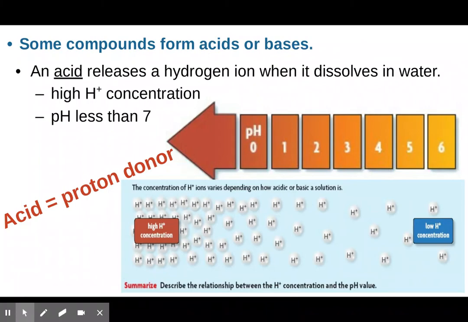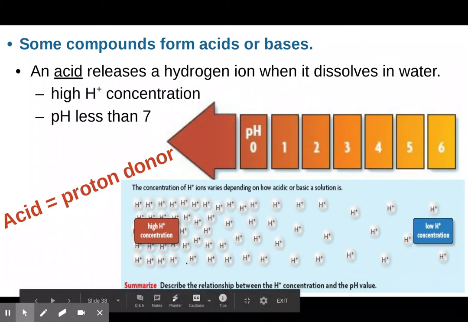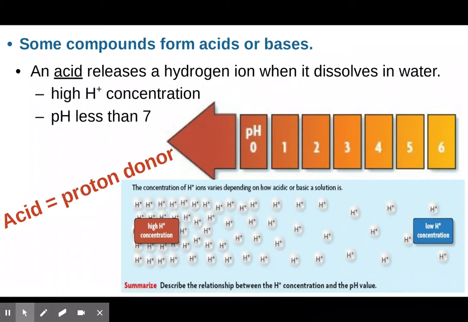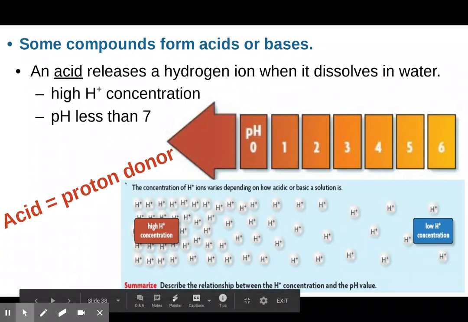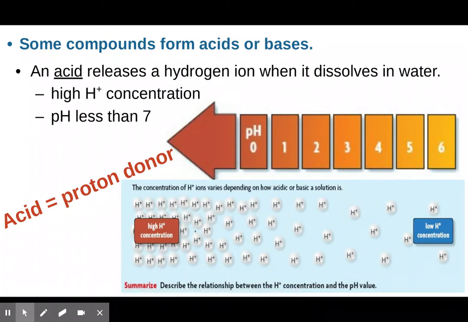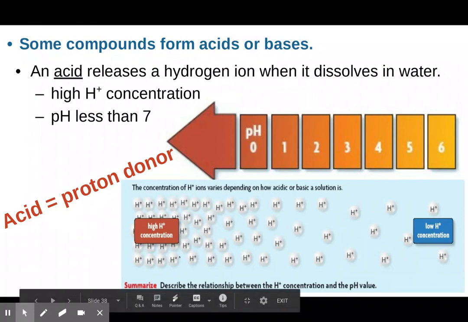So that's how you know you have an acid when you test it with the pH test paper, and it comes out being red. That means it was showing a lot of hydrogens, which means the acid gave them up as soon as it hit water. Okay, so acids will give up hydrogens, and you're going to see a bunch of hydrogens in the water.